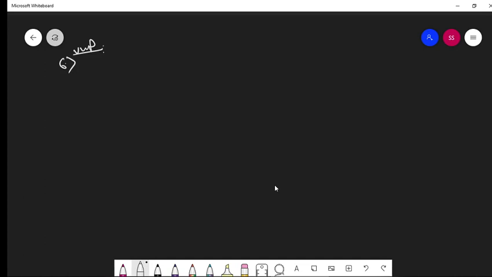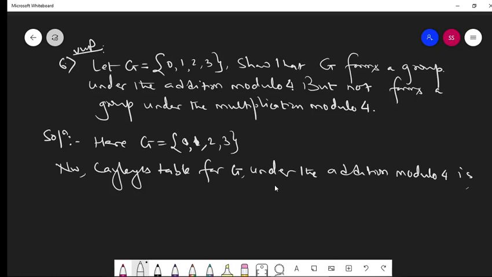Now Cayley's table for G under the addition modulo 4 is, let's present that here.